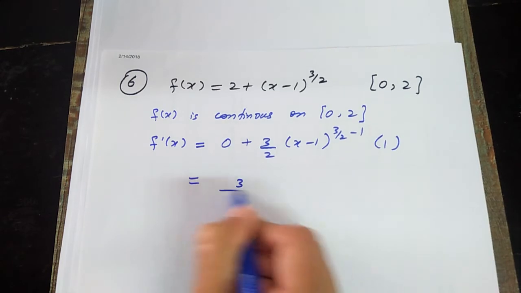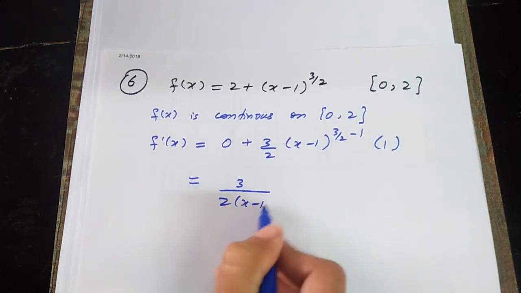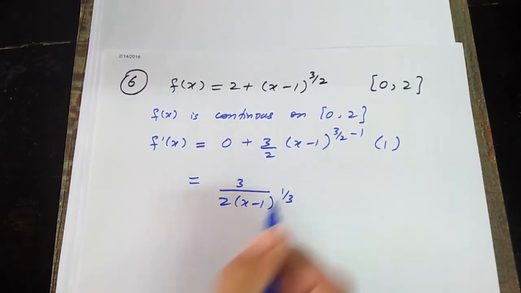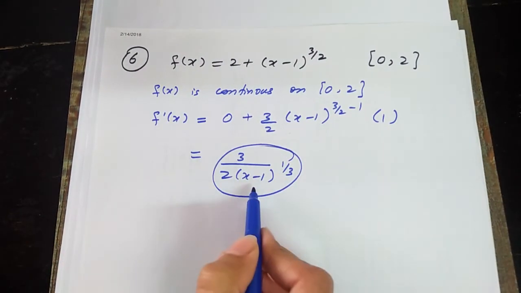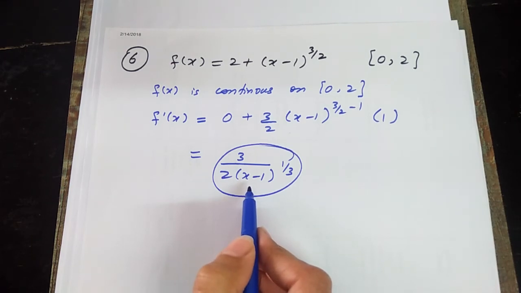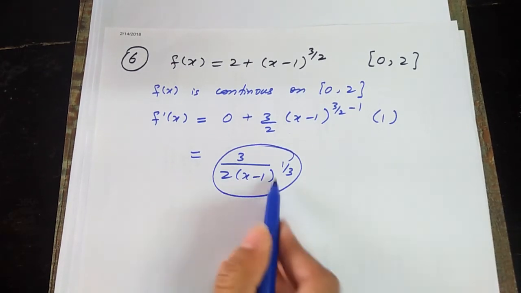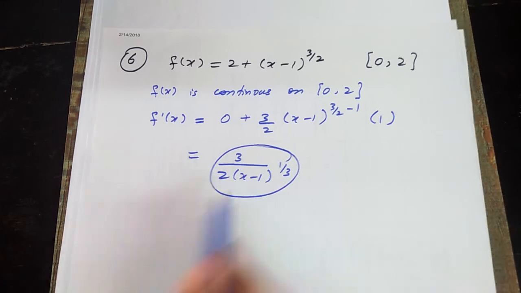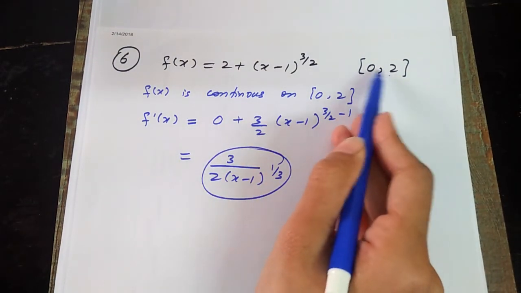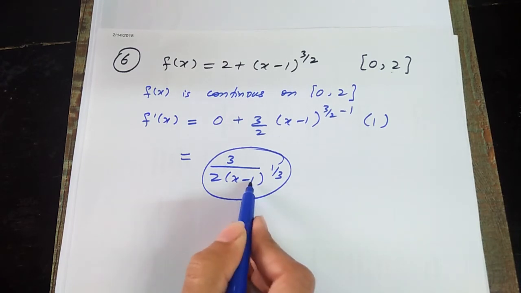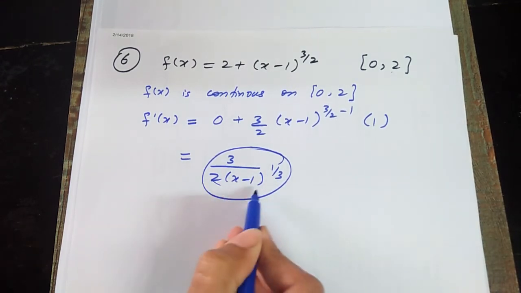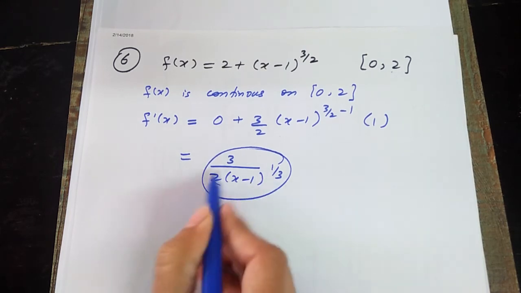This will give you 3 over 2 into x minus 1 raised to power 1 over 3. Now you see we got a fraction here. The fractions sometimes get some limitations, like this denominator cannot be equal to 0. Now in this interval you see we have 1, and if we have 1 minus 1 here, then our denominator will become 0 and our whole fraction can be undefined.